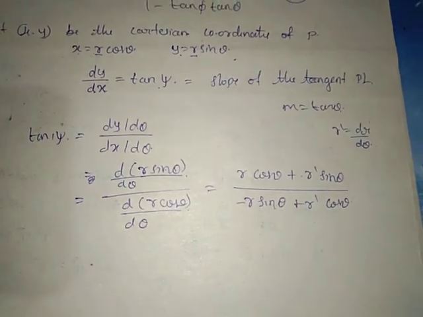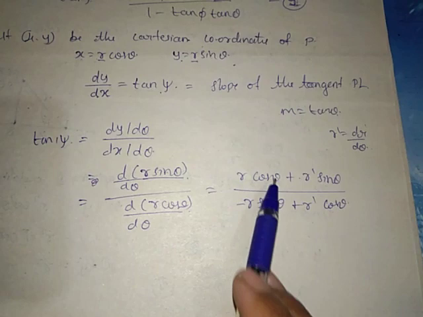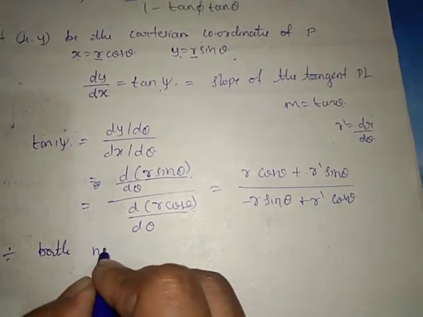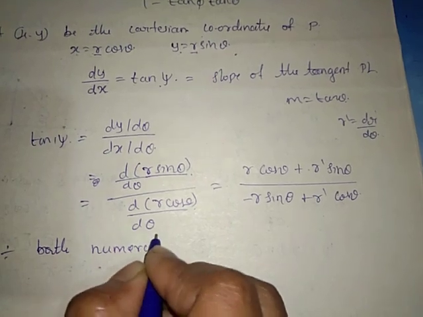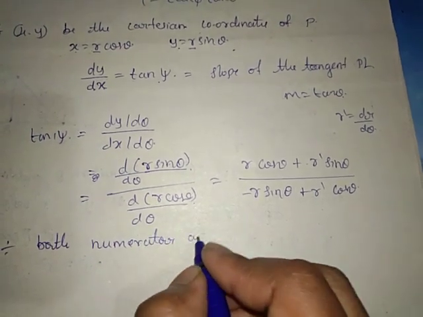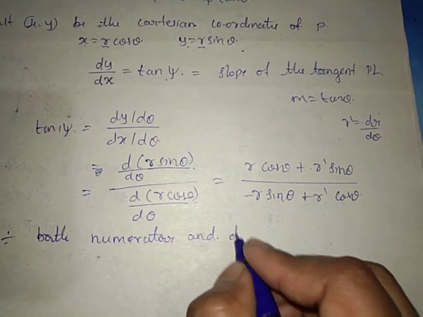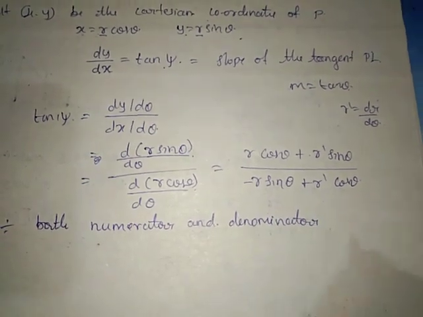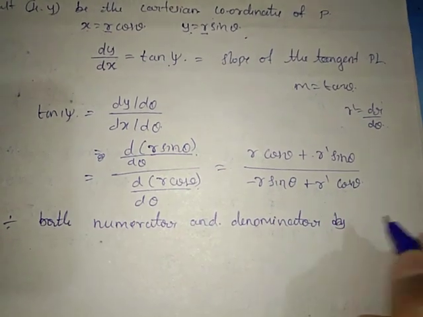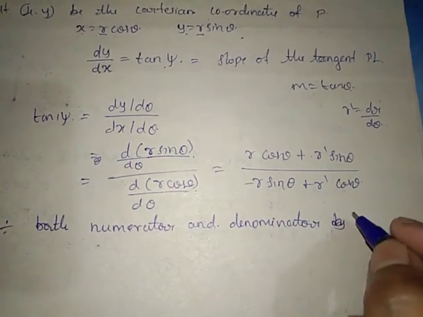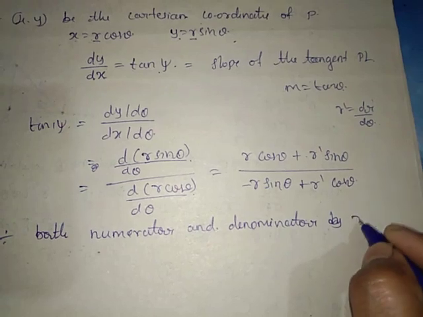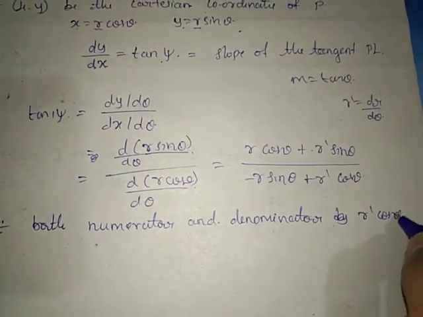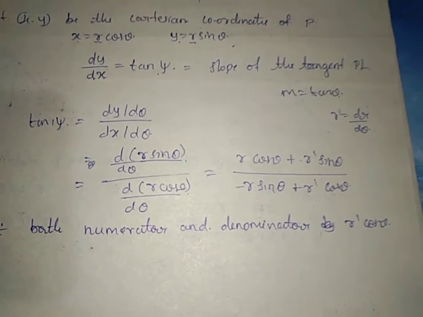Now divide both numerator and denominator by r dash cos theta.